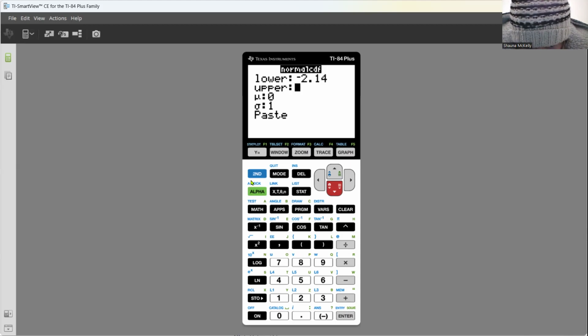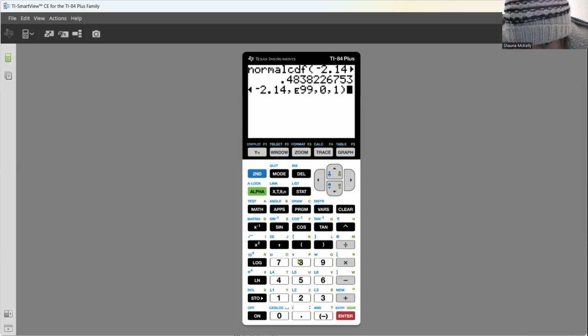So you're going to go second E, oops, second E, and you're going to go 99. Exponent 99 is what that is. And then we're going to paste it, and there it is.